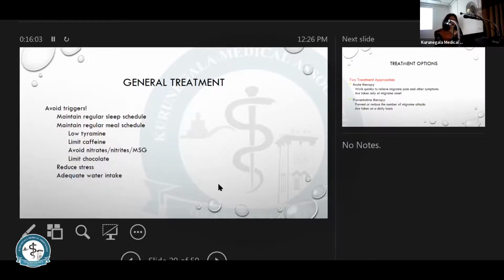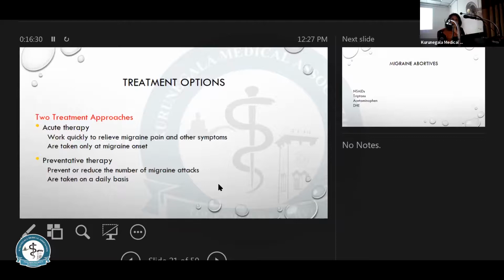Generally, avoidance of the trigger is the mainstay. We should always ask the patient whether they are aware of their triggers. Most of our patients, yes, they are aware. They would come and tell you these things bring about my headache. Then we should ask them to avoid the triggers somehow, and then start the treatment.